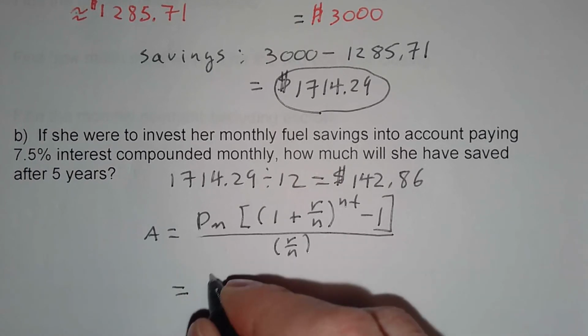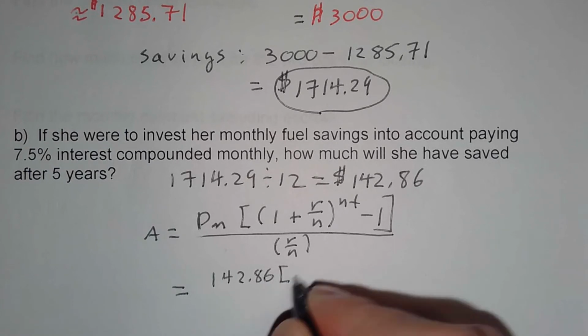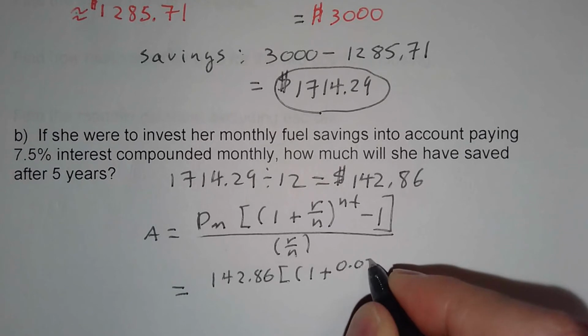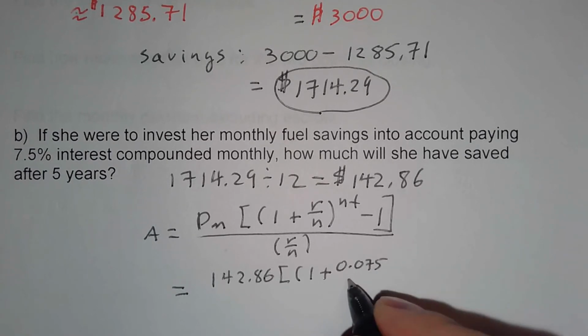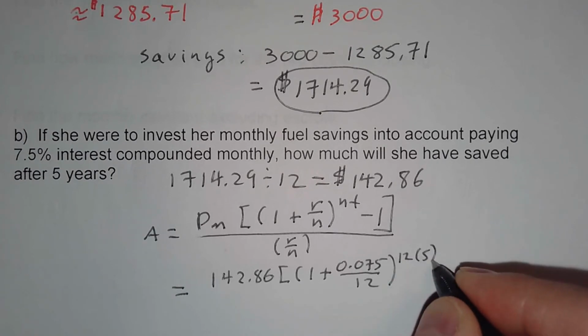So we're going to put that $142.86. Interest rate is 0.075. We're doing it 12 times a year for 5 years.